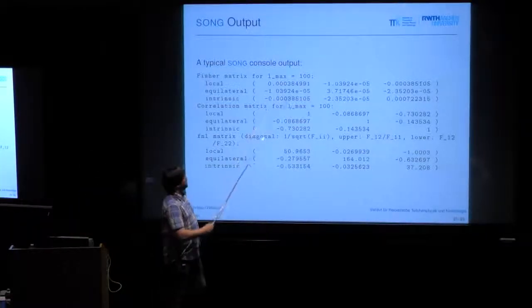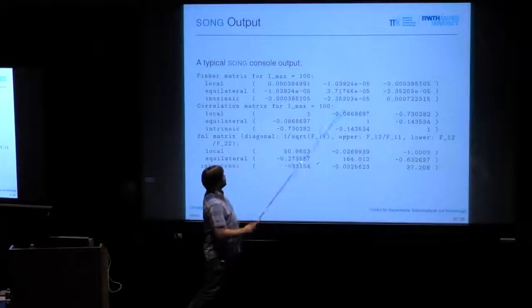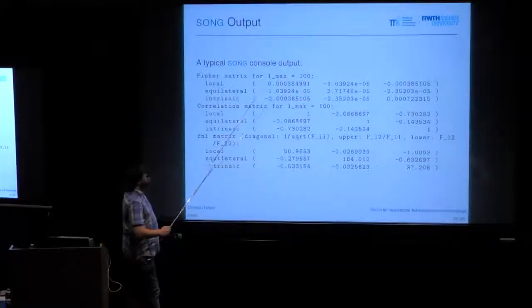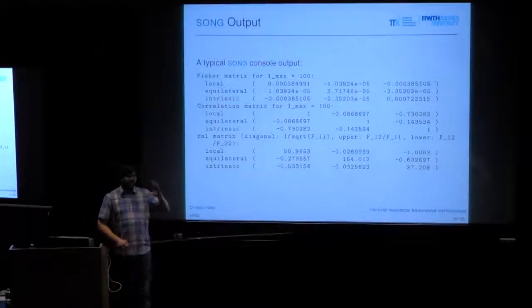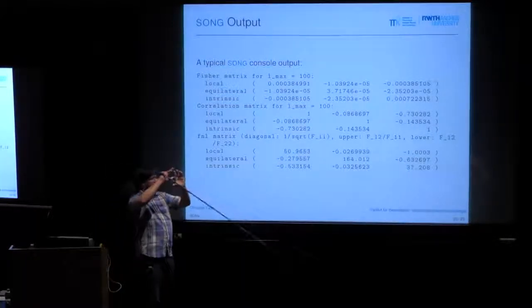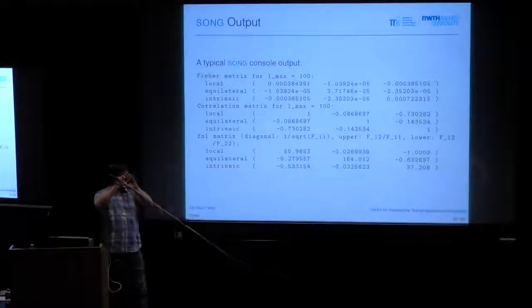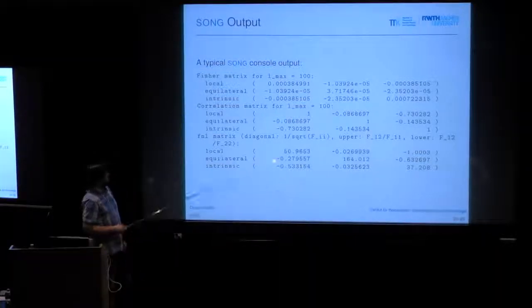So here, when you take the square roots of these numbers, you get the signal to noise. And the off-diagonal ones are related to the correlation between the different templates. So in essence, you take one shape and the second shape, and then you scan the correlation of these shapes over the noise.